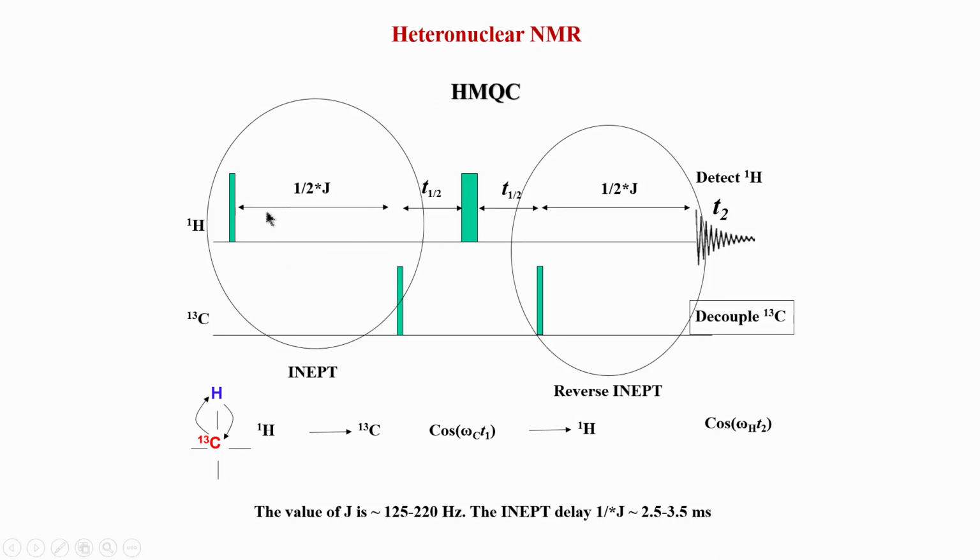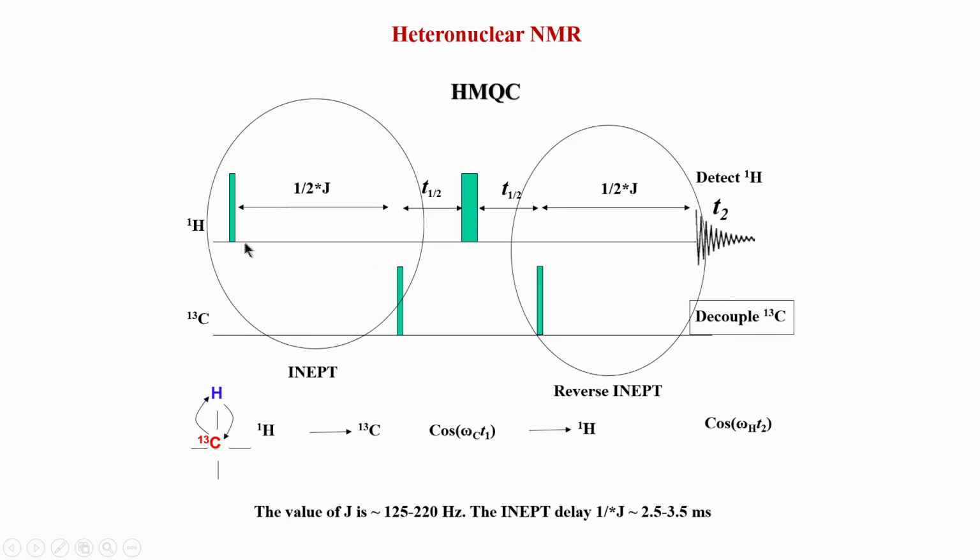But one problem here is that during this entire sequence the proton is along the xy plane. We do not see any other 90 degree pulse on proton, which means the proton is always in the xy plane. Although it is refocused here, it is only a 180, so it brings x to minus x, y to minus y, but it does not bring x to z or y to z.